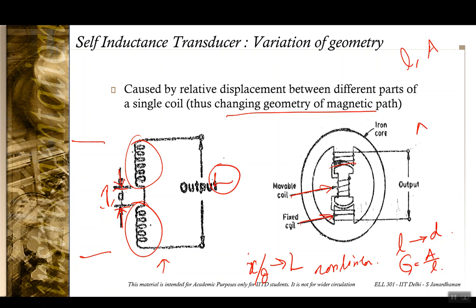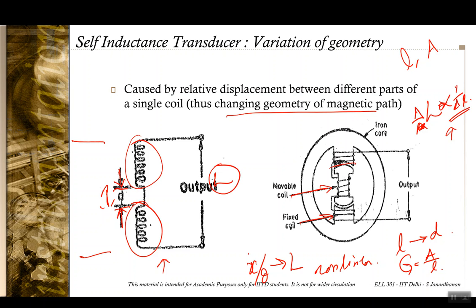Now the inductance L, or rather the change in inductance, will be proportional to 1 by the change in the length. Okay, so that would mean that the relationship is going to be non-linear.